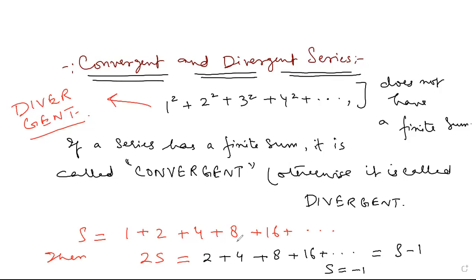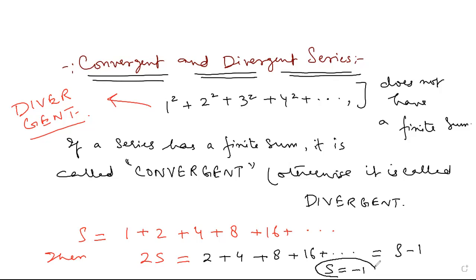So S is 1 plus 2 plus 4 plus 8 plus 16. 2S is 2 plus 4 plus 8 plus 16. It can be written as S minus 1. So 2S minus S, if you subtract S on both sides, it will turn out S is minus 1.